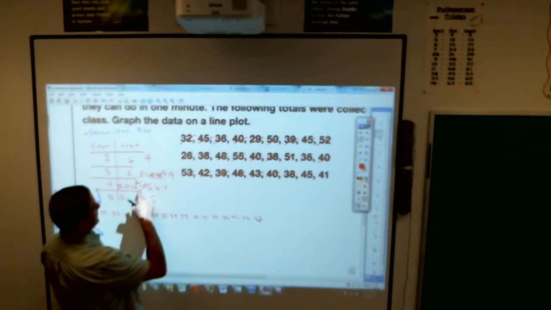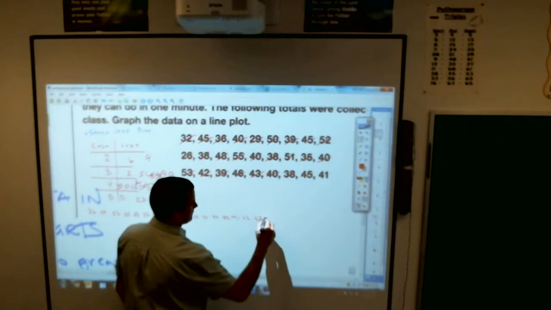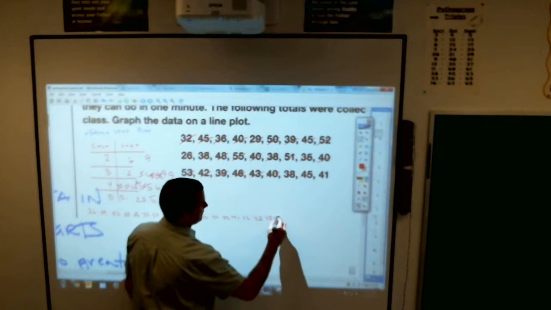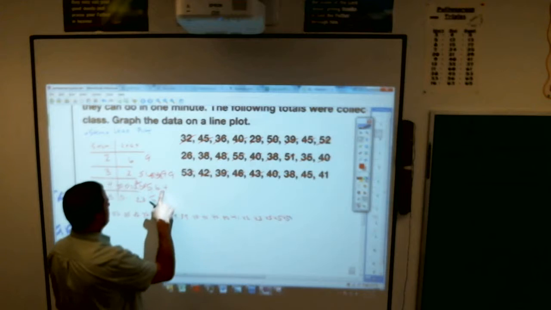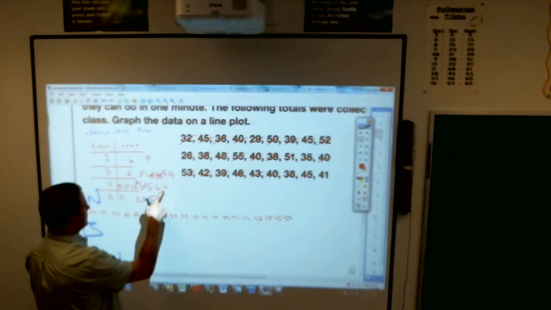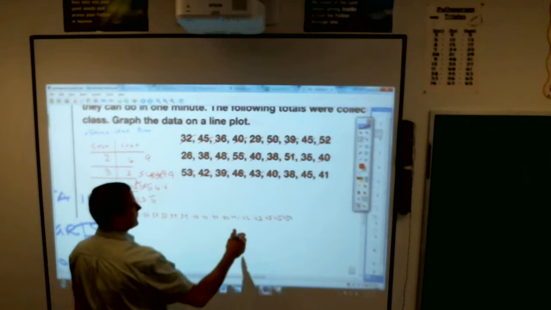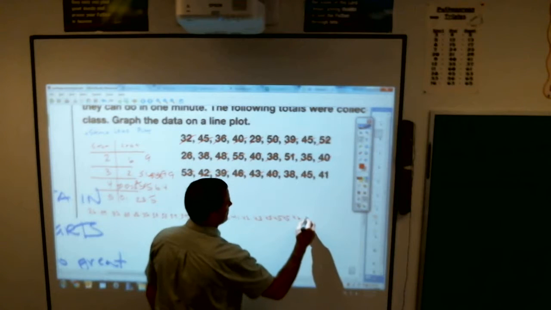How many 45s? 3? Don't worry, I'll just talk to myself. 3 45s, a 40. Wait, was this a 44? No, it's 48. That was a 48 when I wrote it? Makes sense.